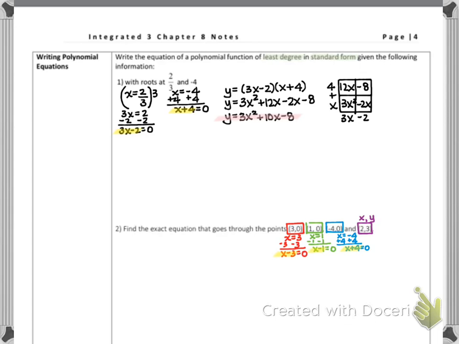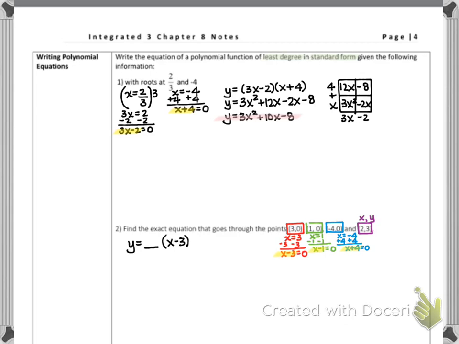So basically I'm going to proceed like I would first semester when we were trying to find a, like the leading coefficient on a quadratic. So I'm going to take all of these, the red, the green, and the blue, and I'm going to rewrite them as y equals, leaving a little bit of space there because I don't know what the leading coefficient is, and then I'm going to bring all the factors with me.